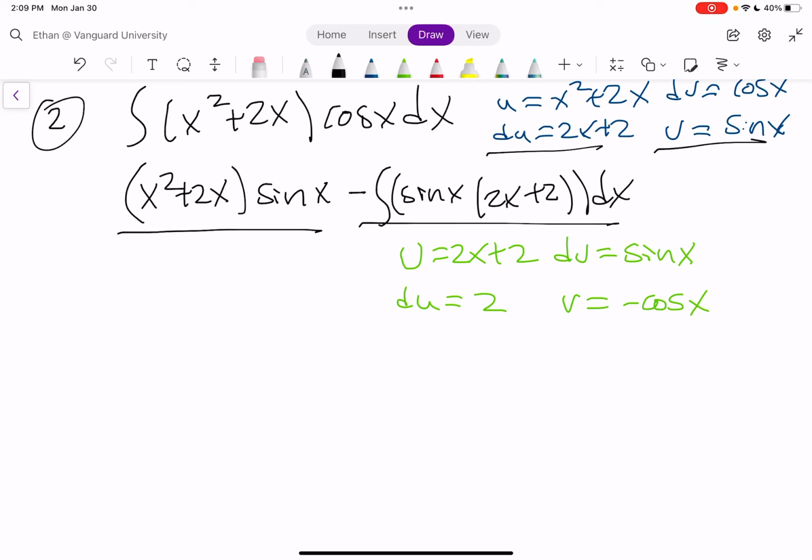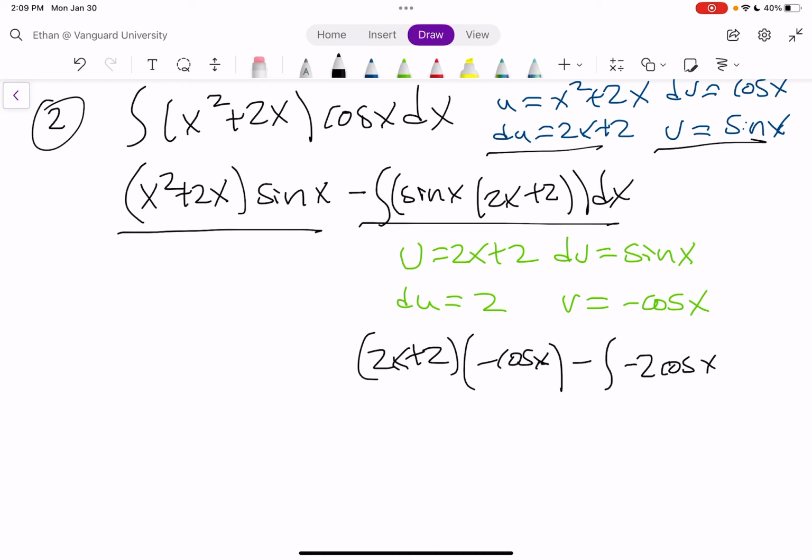So we're going to do that right under here, where we're going to find that it's u times v, so 2x plus 2 times v, which is negative cosine of x. And we're going to minus the integral of v times du, which makes it really easy because that's just negative 2 cosine x.